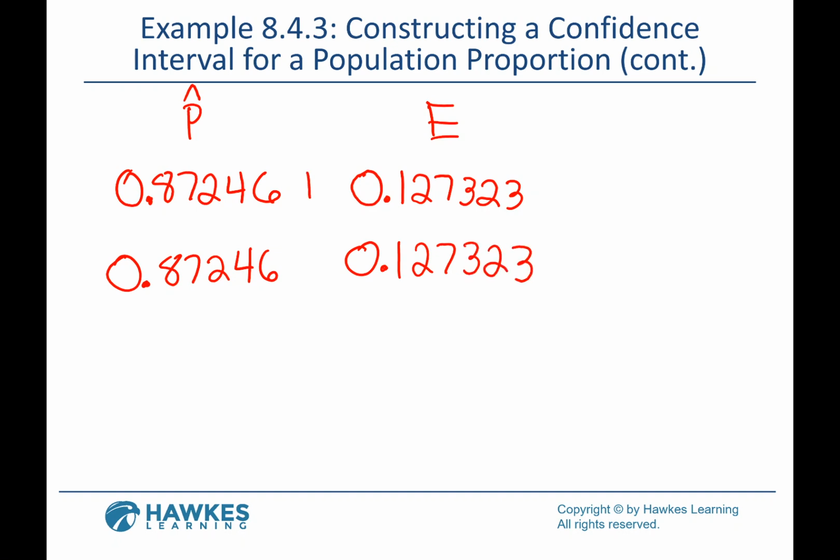And then remember, we're going to round our final answers to 3 decimal places. So 0.87246 plus 0.127323, I get 0.9997.